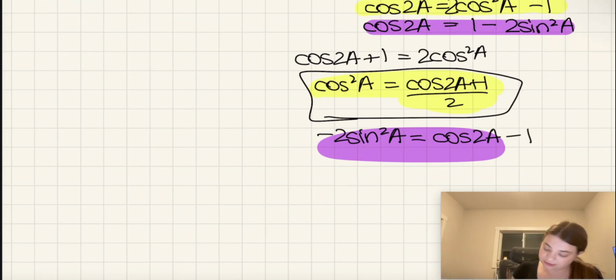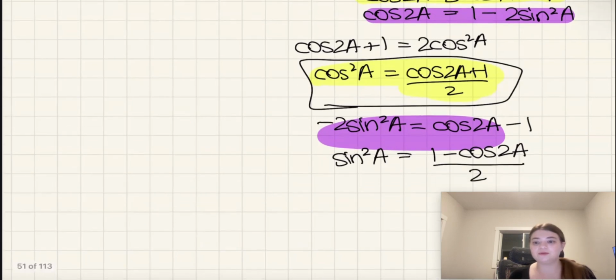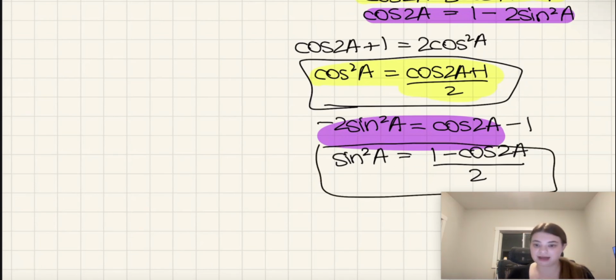Then if we divide both sides by negative 2, we get that sine squared a is equal to 1 minus cosine 2a all over 2, right? Because here we divided by negative 2. Once we divided by negative 2, in order to get rid of that negative, I multiplied it through. That's why instead of cos 2a minus 1, we ended up with 1 minus cosine 2a, and the sign swapped there. All right, so there's our second equation.